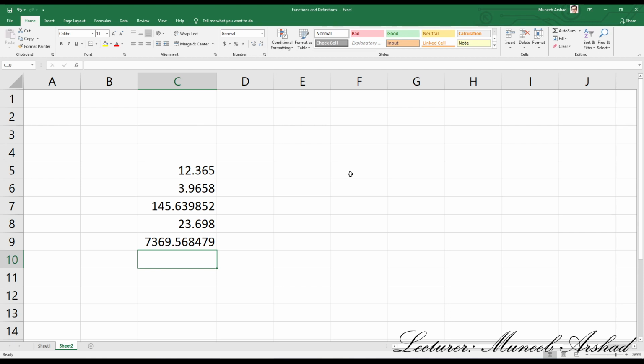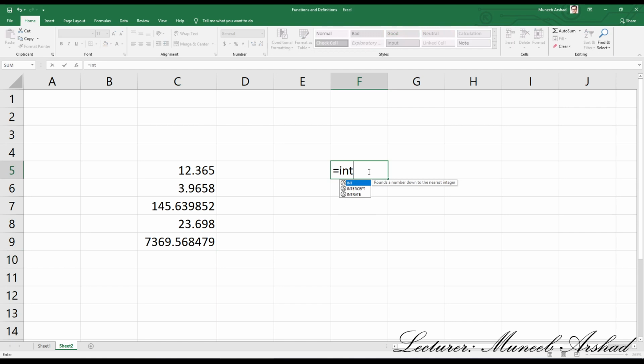It only considers the whole number in a given fractional number. So in order to apply integer function, we will apply equals to and int for integer. We open up the bracket, and the requirement for integer cannot be multiple cells or a range. It has to be just one number.